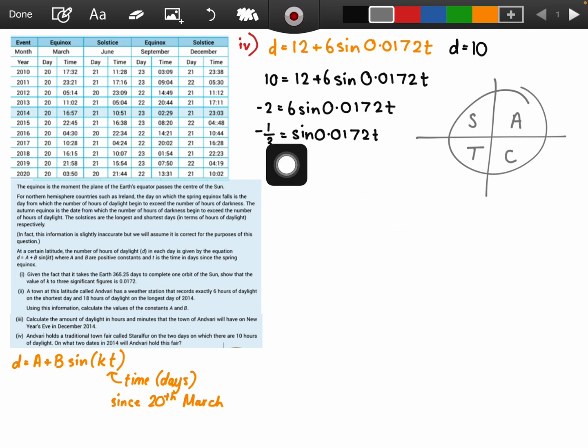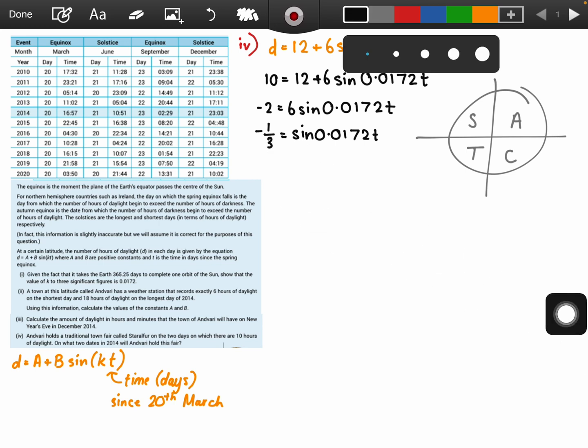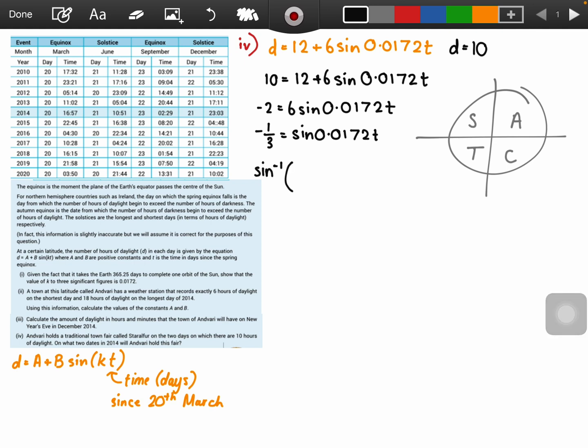So what I'm going to do is get rid of this sine. Let's do the inverse sine of a third, so that I figure out what this is. But what I'm actually going to be getting is my reference angle. So I'm going to get the inverse sine of just a third, not even minus a third.